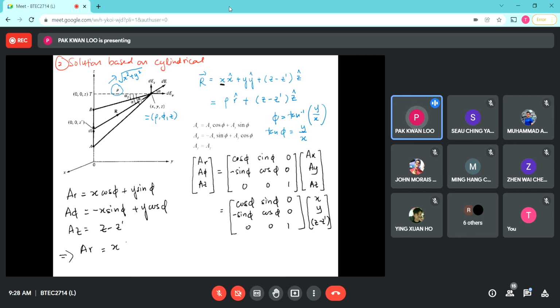So cos phi is basically x over square root of x squared plus y squared.